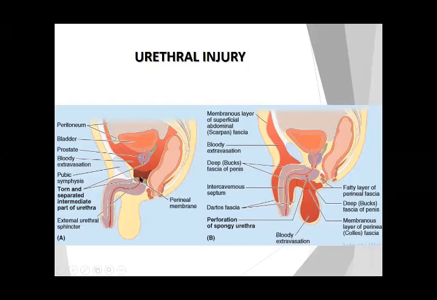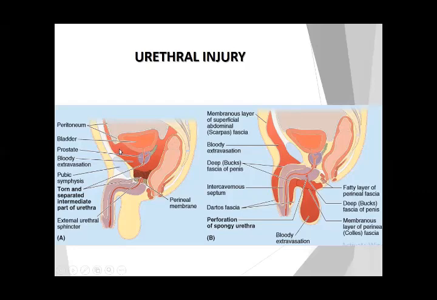If this urethra is torn, in that case, urine plus blood is collected in the deep perineal pouch, and it extends around the prostate between the rectum and urinary bladder up here, and anteriorly over here.